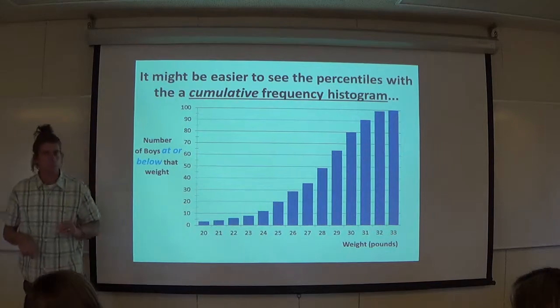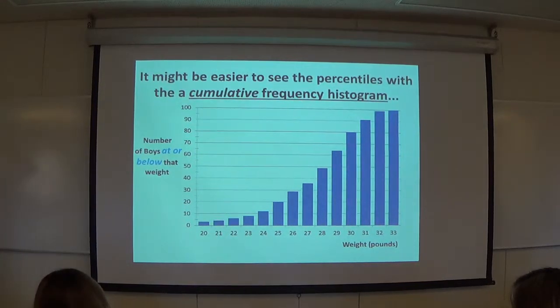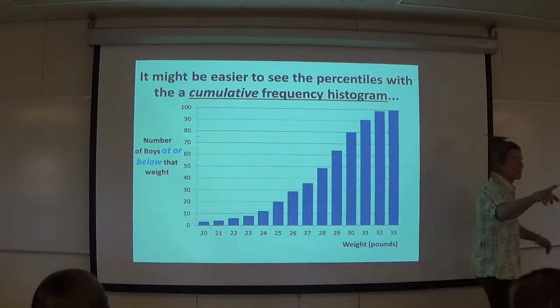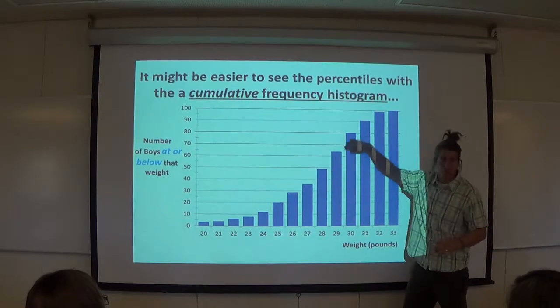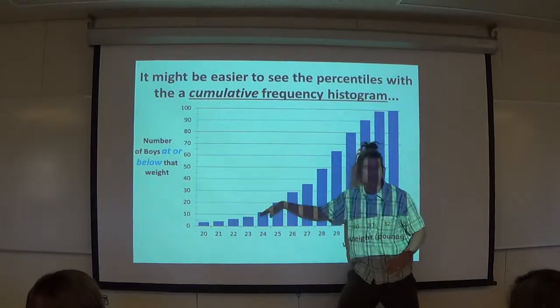John: I just think it's kind of weird that you can go from the 65th to the 90th percentile with 2 pounds. Brother, I love what you just said. What John is commenting on is the steepness of the curve here versus the shallowness down here.